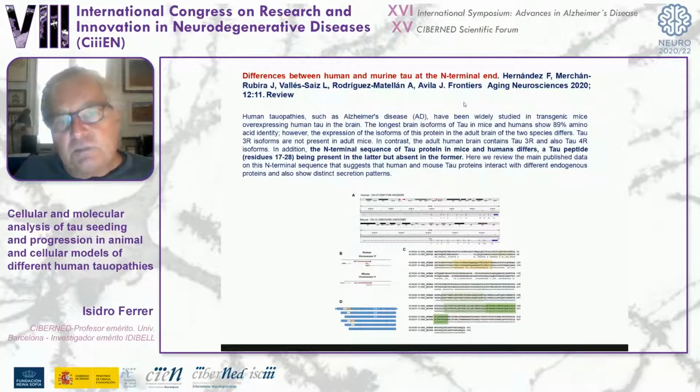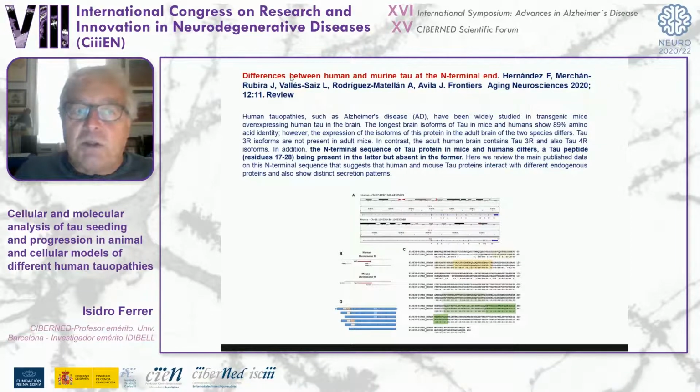Regarding this objective, we have also produced some secondary papers. One of them looks at the difference between human and murine tau at the N-terminal end. This is an important point, because you will see later that tau seeding and spreading depends not only on the strains of inoculated tau, but also on the kind of host tau.